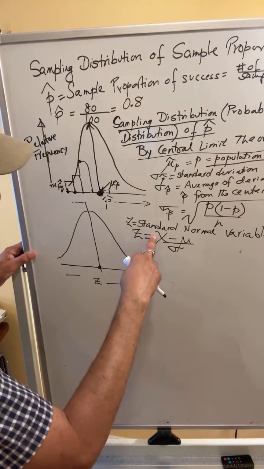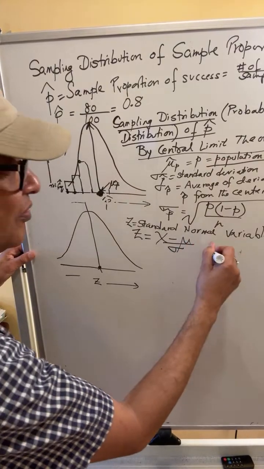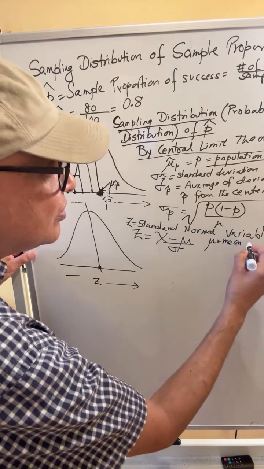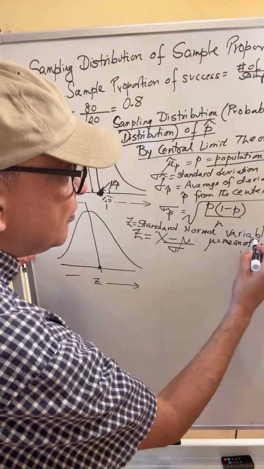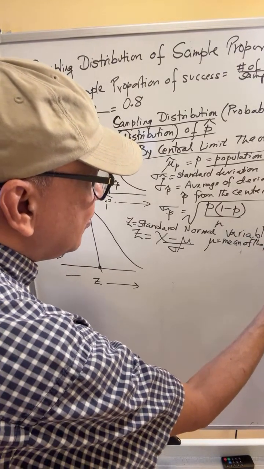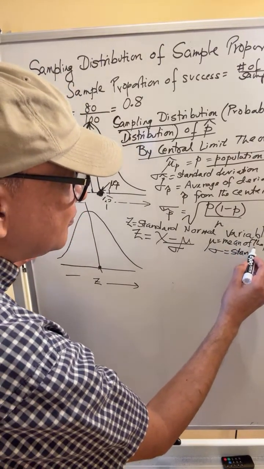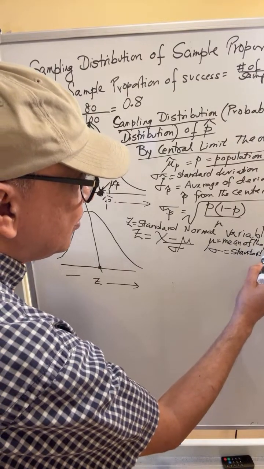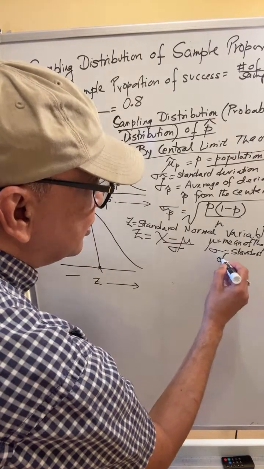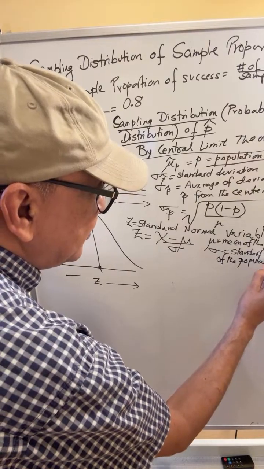If I'm measuring people's weight, then mu is the mean of the population of weights, and sigma is the standard deviation of the population of the variable that I'm measuring, maybe people's weight.